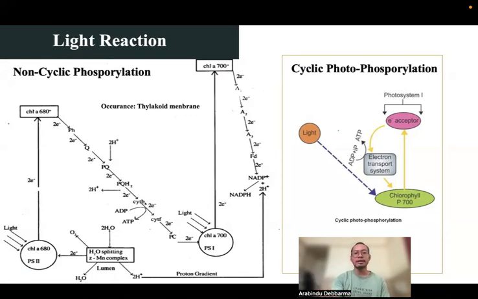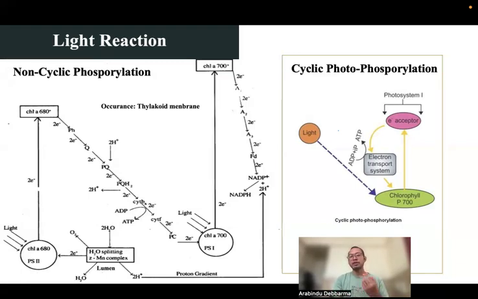During this, the electrons move through various carriers, like cytochrome, plastoquinone, cytochrome b, cytochrome f, etc., and plastocyanin, and finally they are transported to photosystem 1 after traveling through the various cytochromes.